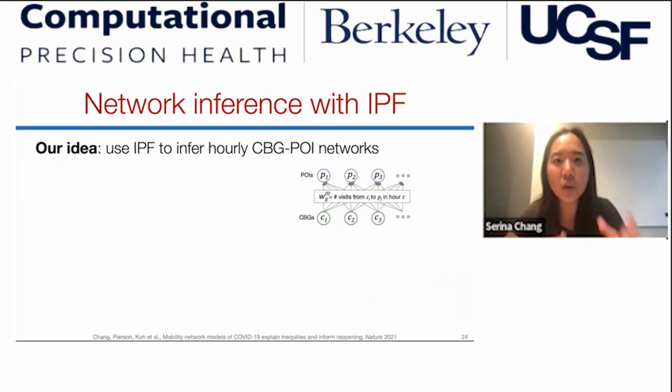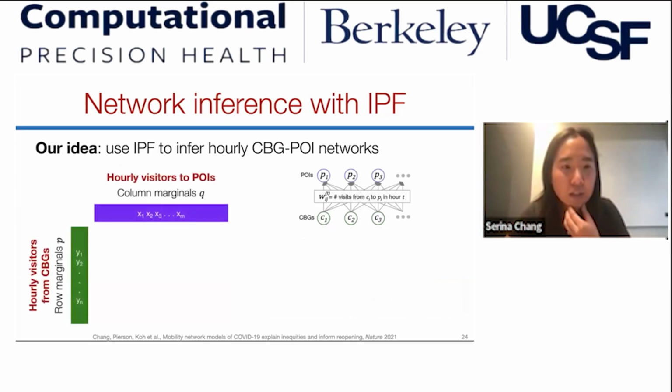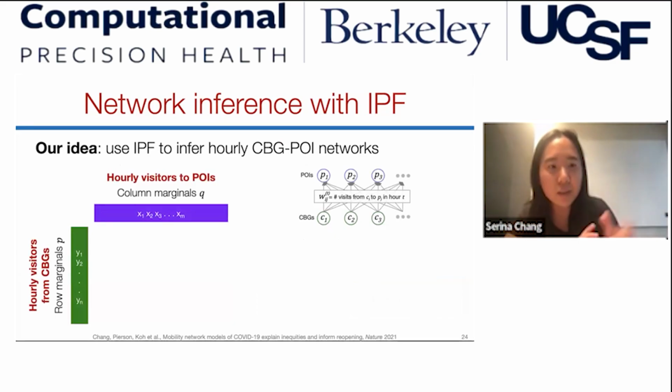And so with this intro, this is what we're really doing when we use IPF to infer the CBG POI networks. We take the original IPF with the row marginals P and the column marginals Q. Those very naturally serve as the hourly visitors from CBGs and the hourly visitors to POIs. So those are our marginals.